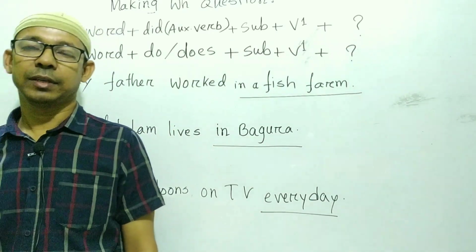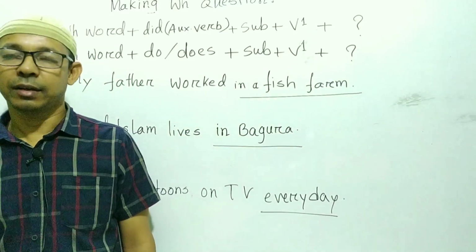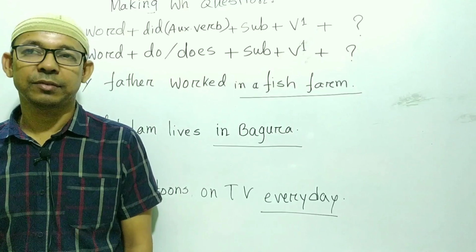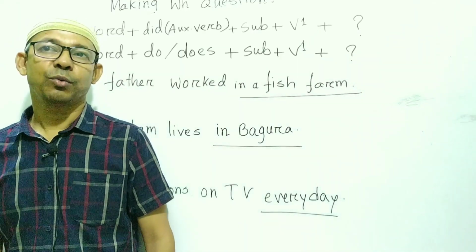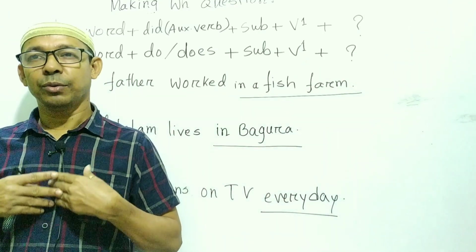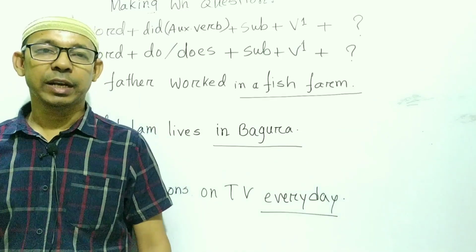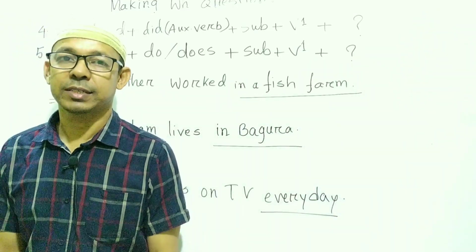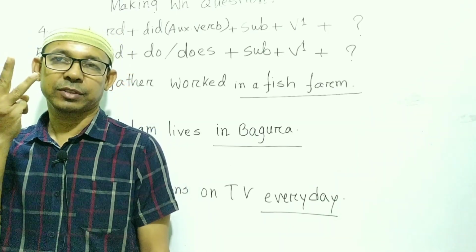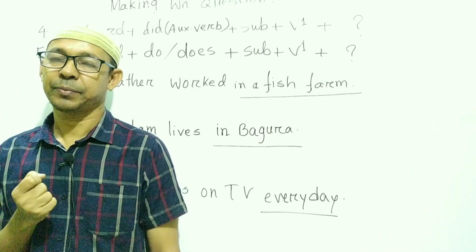Now in step number 4 and 5 we'll learn what we have to do if there is no auxiliary verb in the sentence, how we will make the WS question. So my dear student, if there is no auxiliary verb in the sentence, then we have to bring 3 auxiliary verbs: do, does or did.